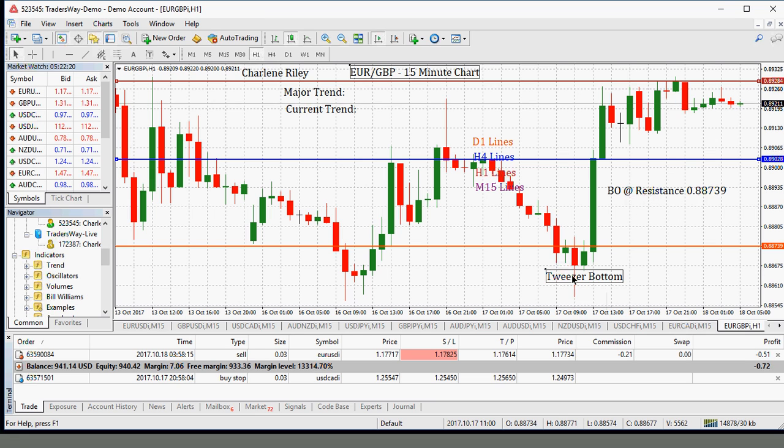So because of this tweezer bottom and the breakout of resistance here, that's going to have me enter into a buy.